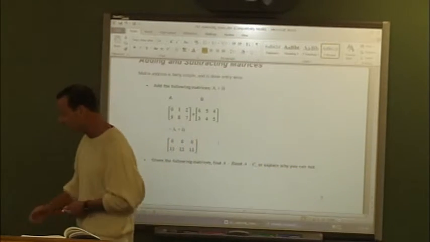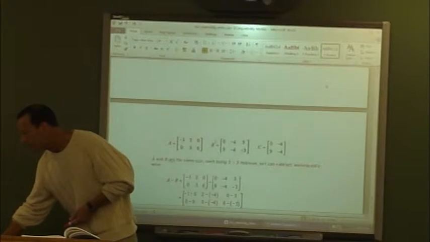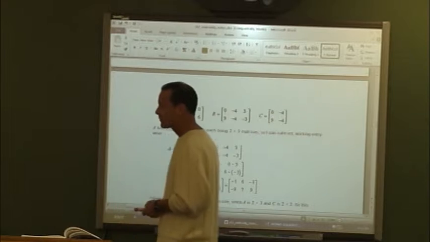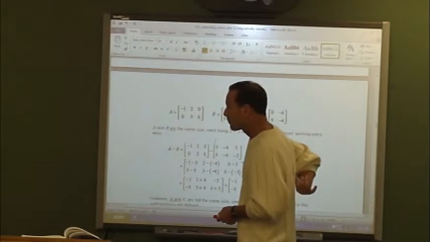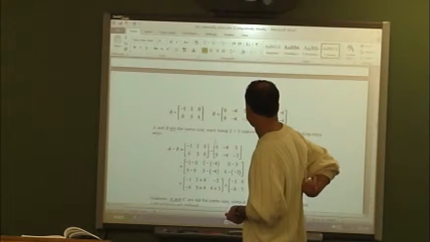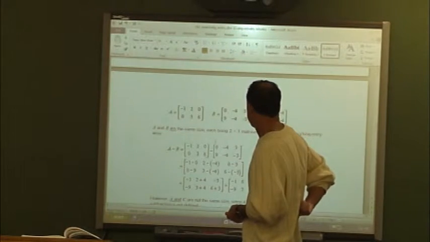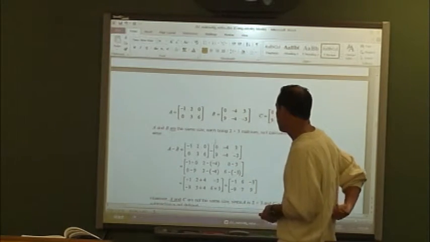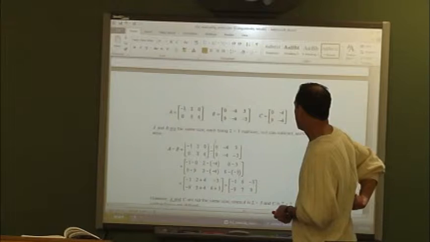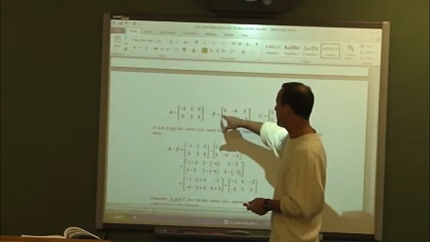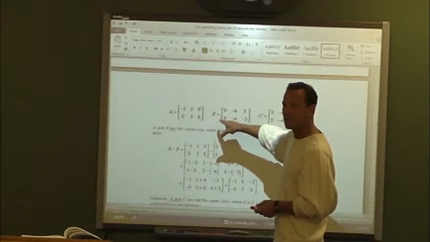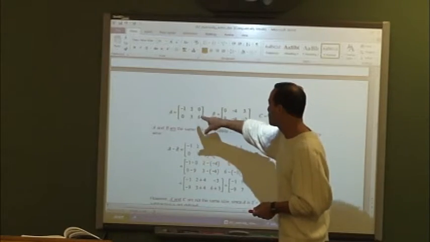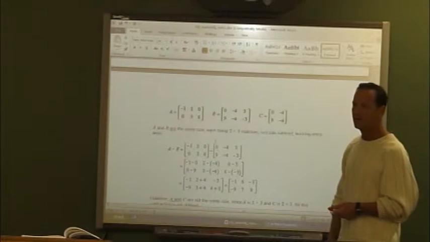Subtracting is the same, everybody. Here they have to be of the same size, right? So I can do A and B. Can I subtract A and B? Can I subtract A and C?